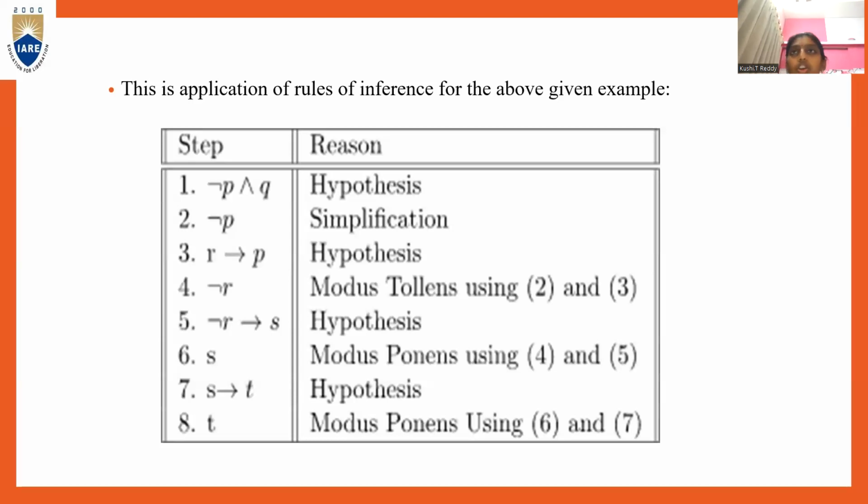So in existential, you will use there exists, and for universal quantifiers, you're going to use for all x belongs to. So using all these rules of inference, you're going to solve a given example or given hypothesis.